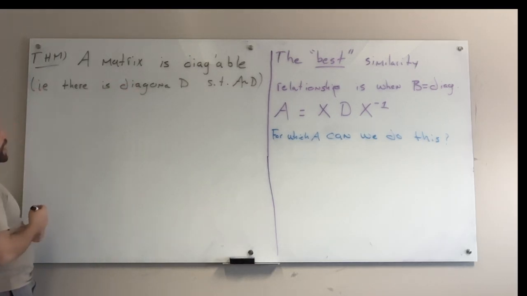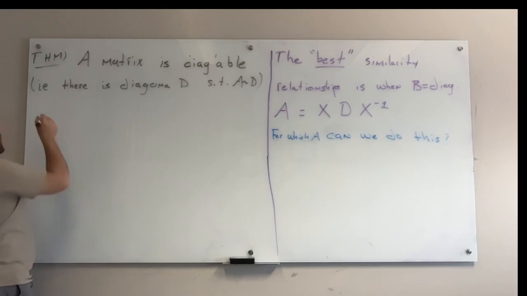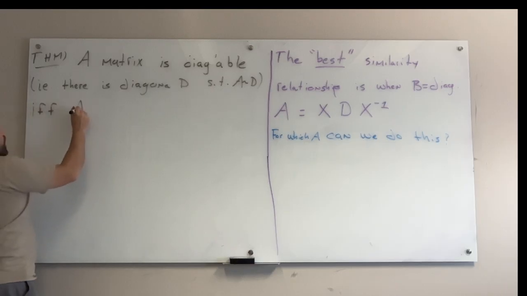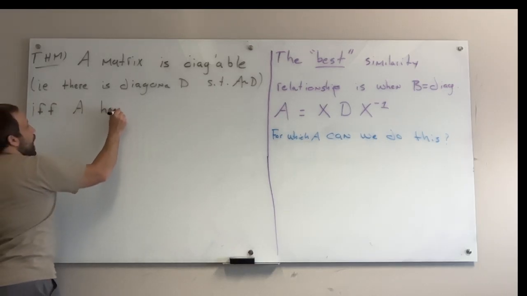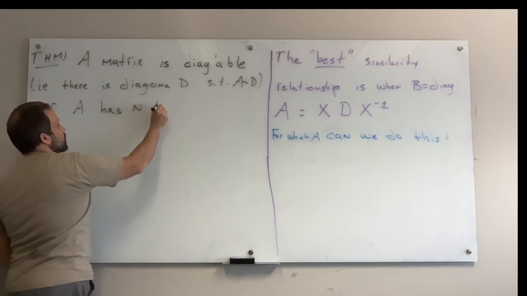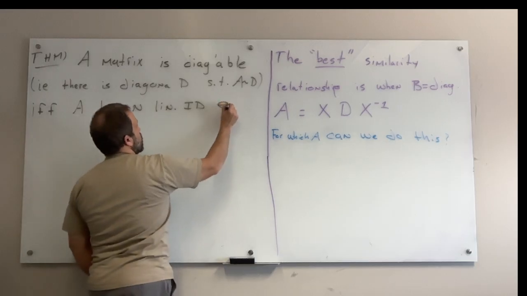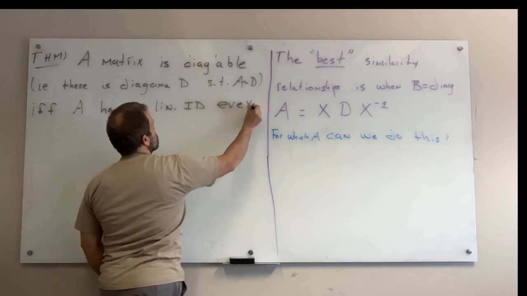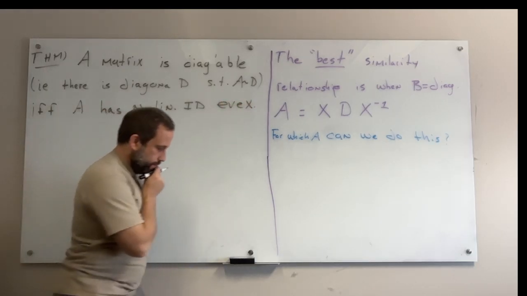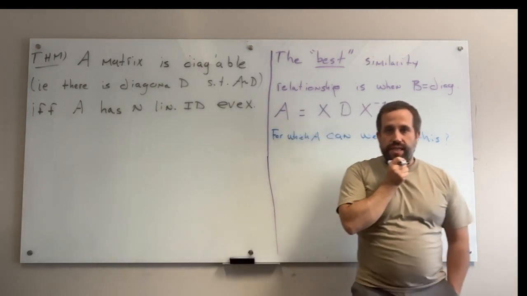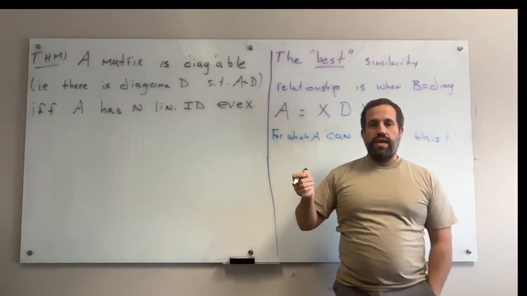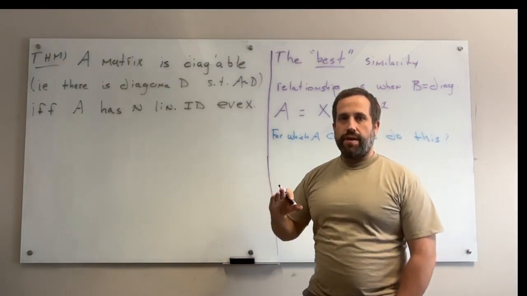A matrix is diagonalizable if and only if, which I'm just going to abbreviate iff, A has n linearly independent, and again I'm going to abbreviate this, eigenvectors. So a matrix is diagonalizable if and only if it has n linearly independent eigenvectors.